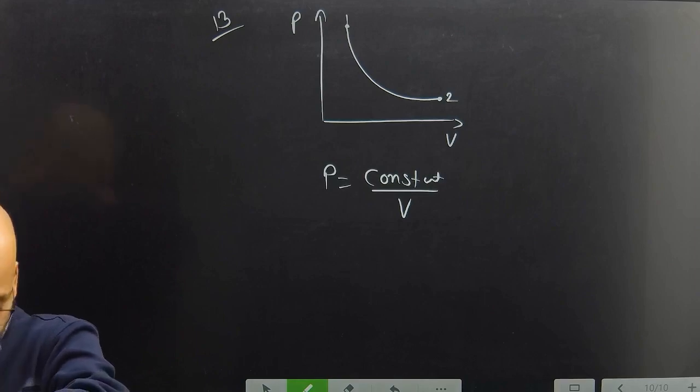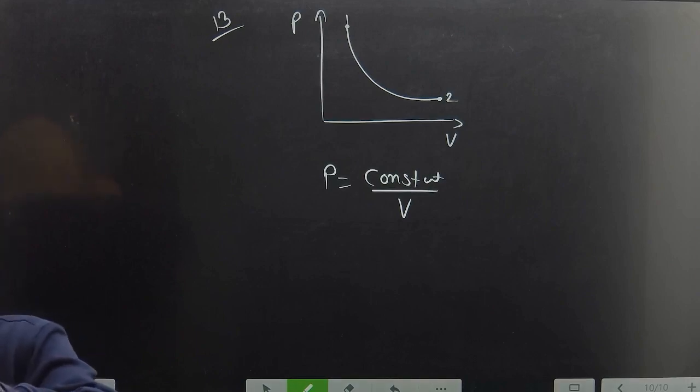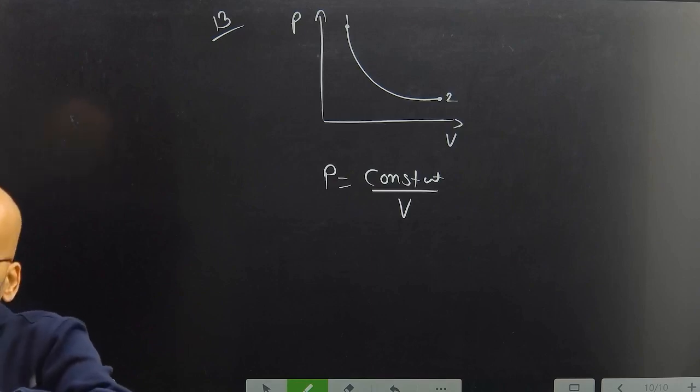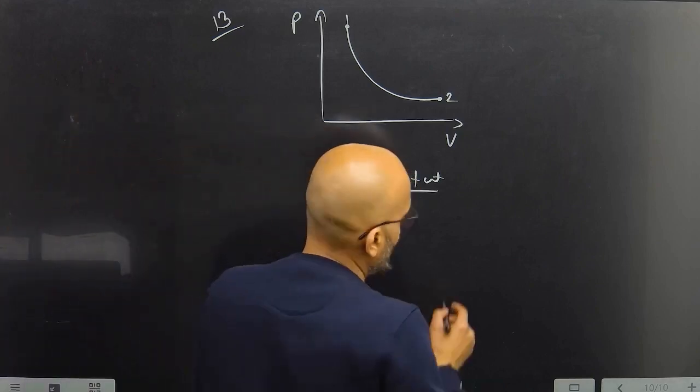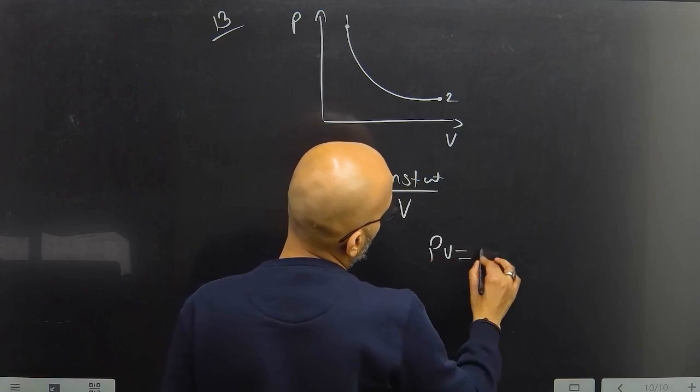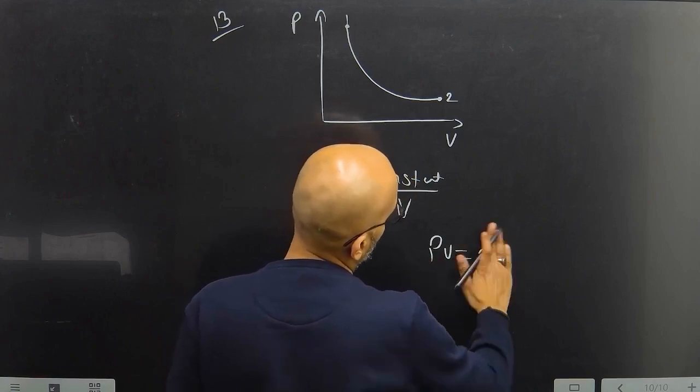That means pressure is inversely proportional to volume. Guys, look at this relation. We all know PV equals nRT.